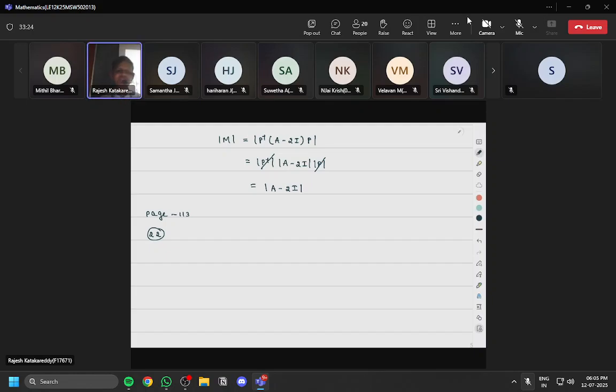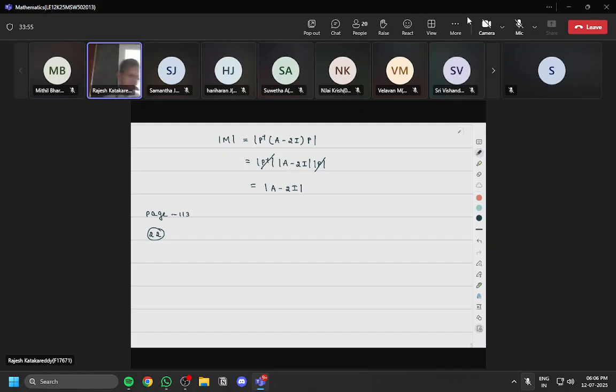Here we can use the characteristic polynomial or the eigenvalues concept, right? First of all, let us read what is given. The given matrix is a 2 by 2 matrix, second order. The trace of the matrix is 3. And what else have they given? The trace of A cube is also given. Trace of A cube is -18, right?